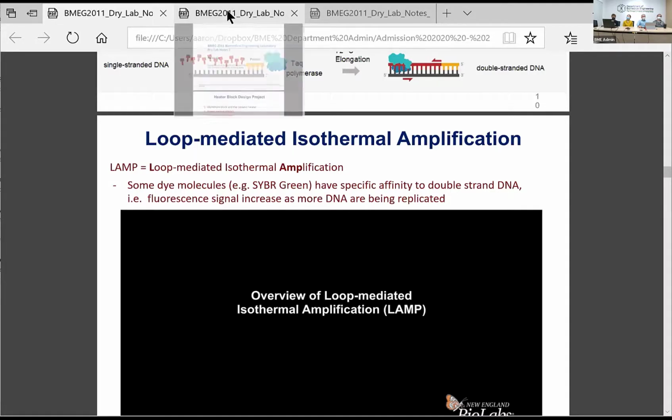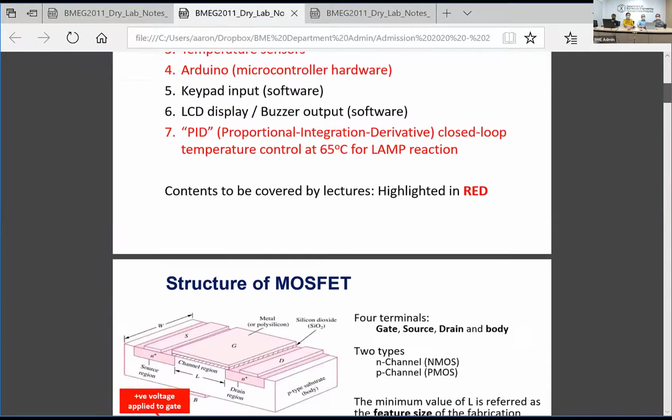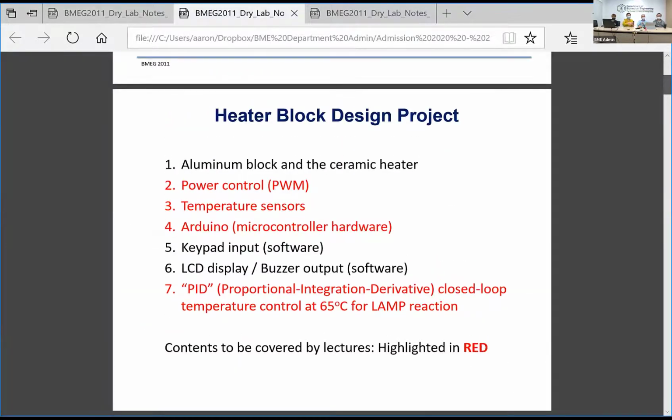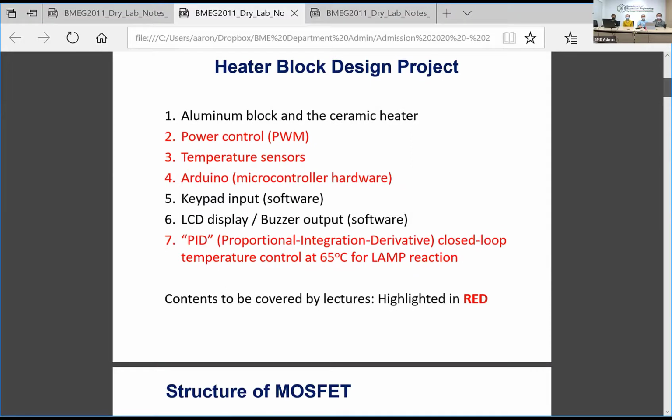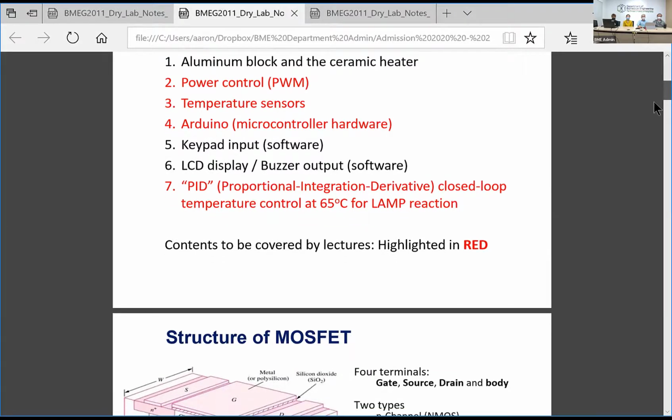So for example, this is note number 2. In 1 week, I would tell students about the aluminum block, the power control, temperature sensors, the microcontroller hardware called Arduino, and the different components of the system, and also the mathematics behind temperature control.